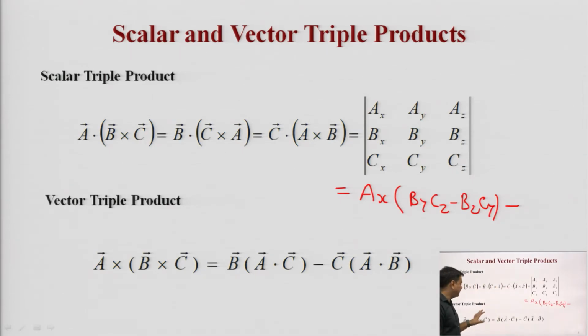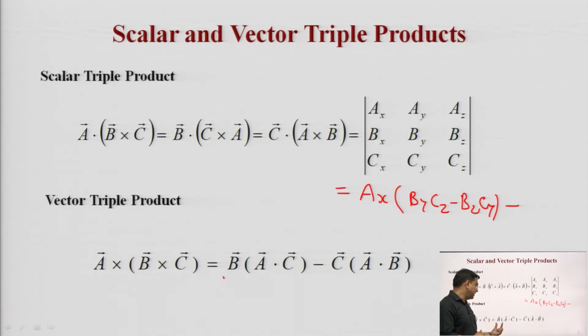The second thing is the vector triple product. Vector triple product, what does it say? The expansion of vector triple product says that it is the cross product of a vector A with the cross product of two vectors B and C, and this triple vector product is given in the form of like this. इसको समझना भी जरूरी है और इसको याद रखना भी जरूरी है. वो कैसे? आप ये देखो कि A क्रॉस B क्रॉस C क्या कहता है?